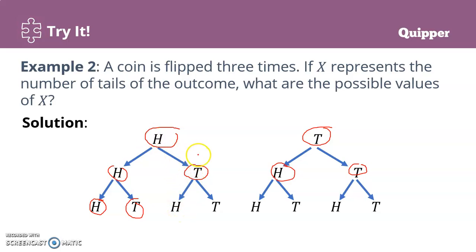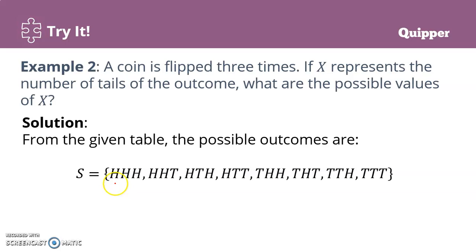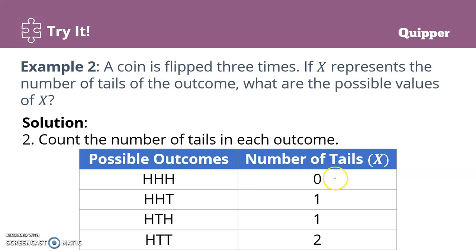So if we list all the possible outcomes, it's like this. Okay? So H, H, H, H, H, T, H, T, H, H, T, T, T, H, H, T, H, T, T, T, H, and T, T, T. So ilan lahat yan? 1, 2, 3, 4, 5, 6, 7, 8. So there are 8 possible outcomes.